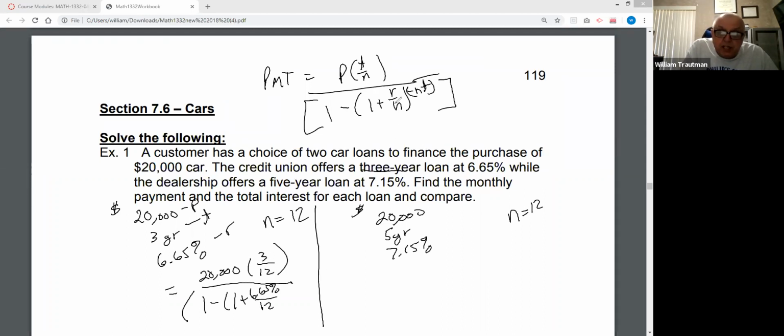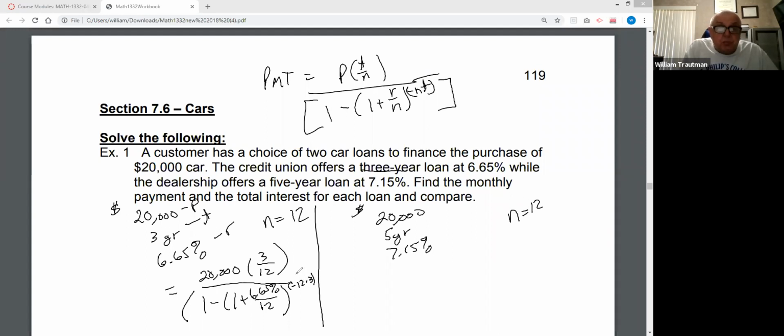That's N. Sorry, that looks messy. Maybe I should erase it and then rewrite it. Raised to the power of negative N, which is 12, times T, which is 3 years.